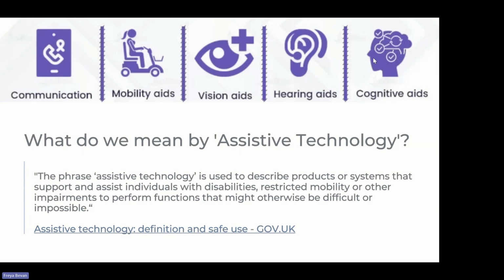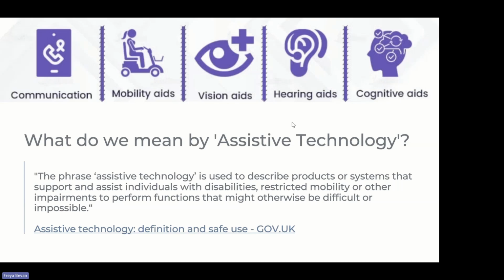So that means things like applications or websites and how they can be utilised as a form of assistive tech. However, assistive technology is a very broad term, as we're aware, and how it is used very much depends on the provision of learners you have at your institution.